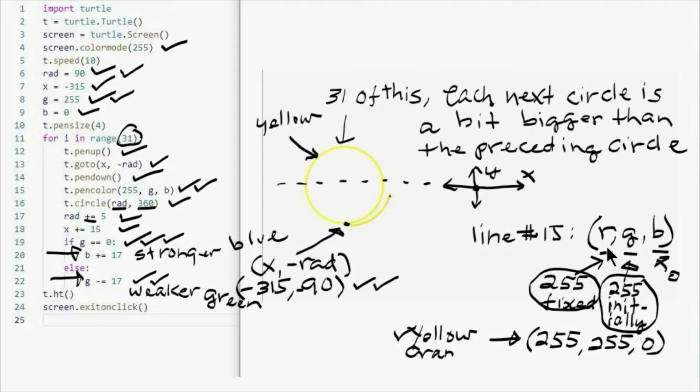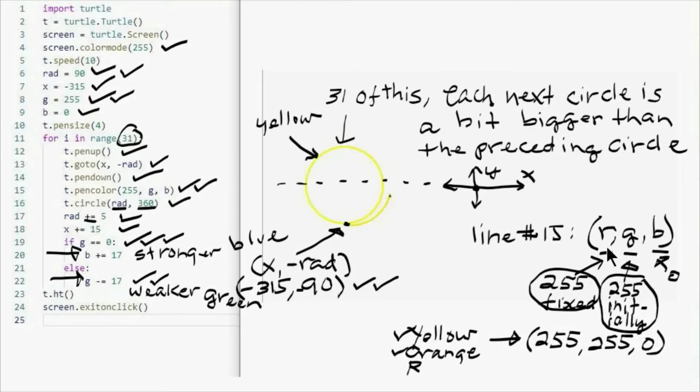I'm sorry, it will become orange as the value of the G decreases from 255.